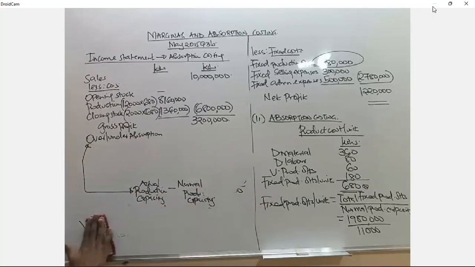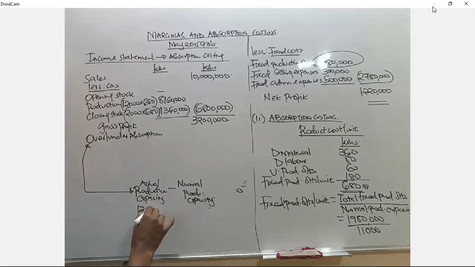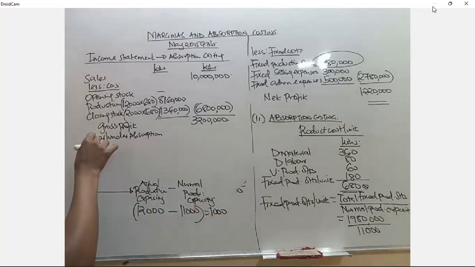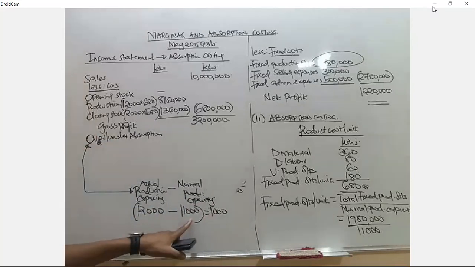Now, in this case, you can see in your question there, the actual production capacity we produce is 12,000. Then the normal production capacity of ours is 11,000. The difference is 1,000, which is normally called over absorption. Remember, we produce more than what we normally produce.